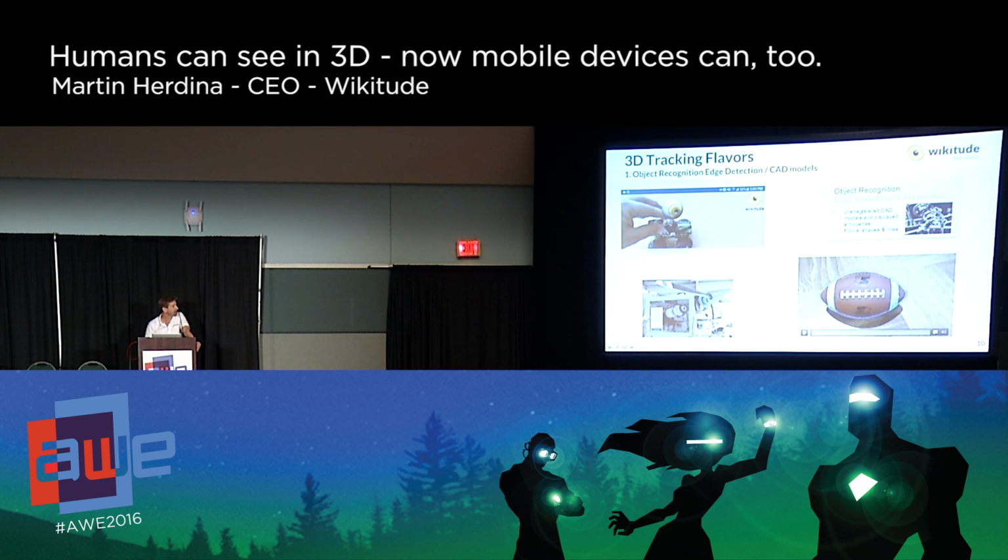When you look at the video at the bottom right, this is a different type of object. It has less structure. It looks different, the way it's being positioned. You can't really work with feature points. So you have to work with silhouettes, with edges. This is called edge tracking.